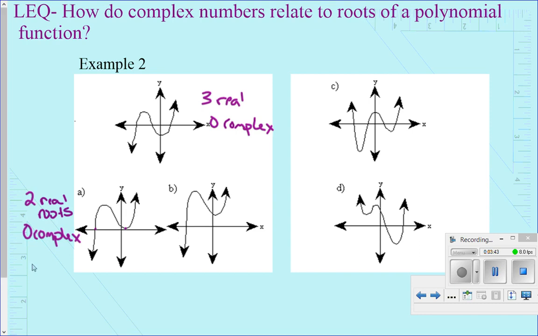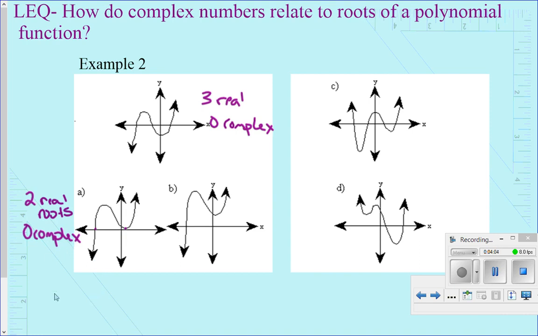The reason for that is because this 1 real root is a double root. Remember, we talked about that earlier in the unit in the lab that we did. We discovered that when the degree is higher than the number of total roots, that's because some of the roots are triple or double roots. So that's why.